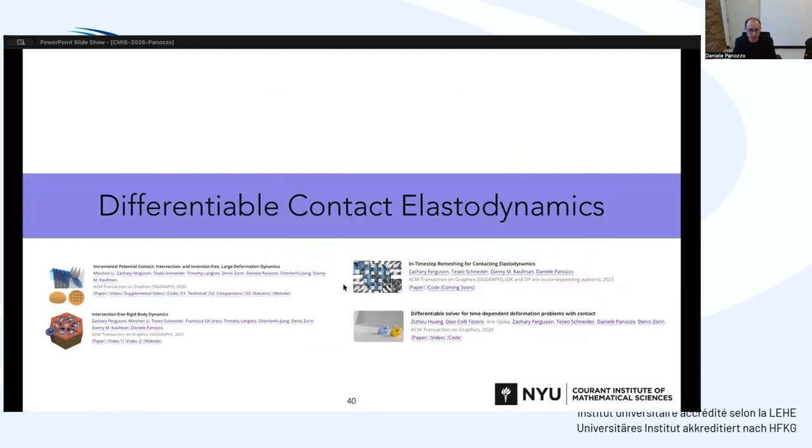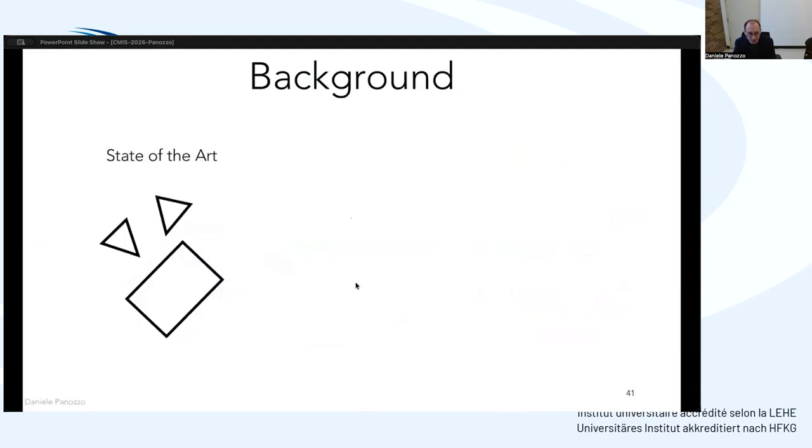So, a quick overview. In classical contact mechanics, the more common way to handle the resolution of contact, and there are a number of papers using this approach, is to take a step and add some sort of constraints that you're going to enforce using some numerical methods to resolve the intersection that might appear.